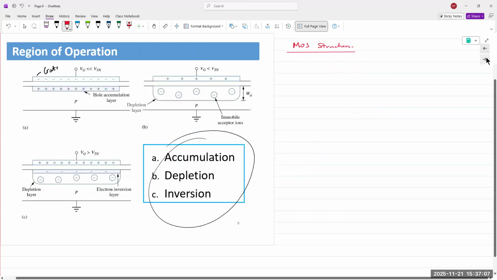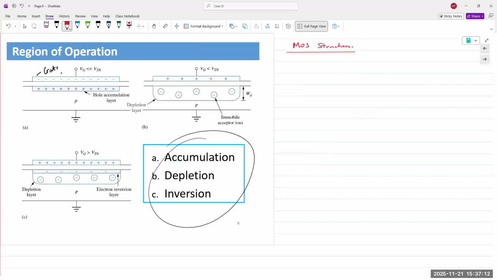So in this MOS structure, you have a semiconductor layer, which is right here, and you have the metal gate at the top, and these two are separated by an insulating material. The insulating material is made out of silicon dioxide, or simply known as oxide, hence MOS, right?